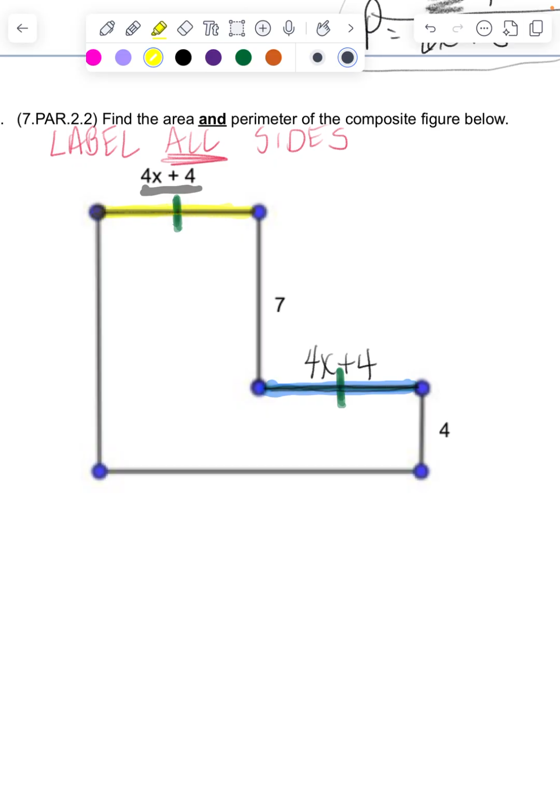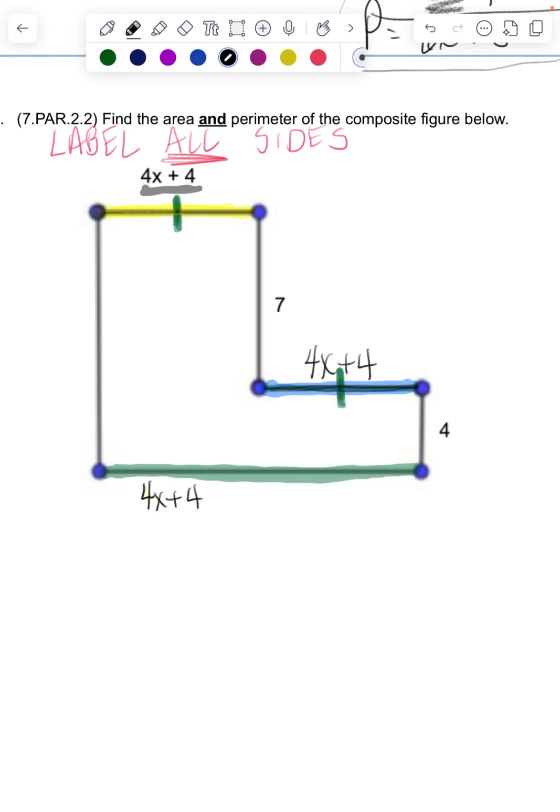If I put those two together, I get this whole side. So this side down here is going to be 4x plus 4 plus 4x plus 4.